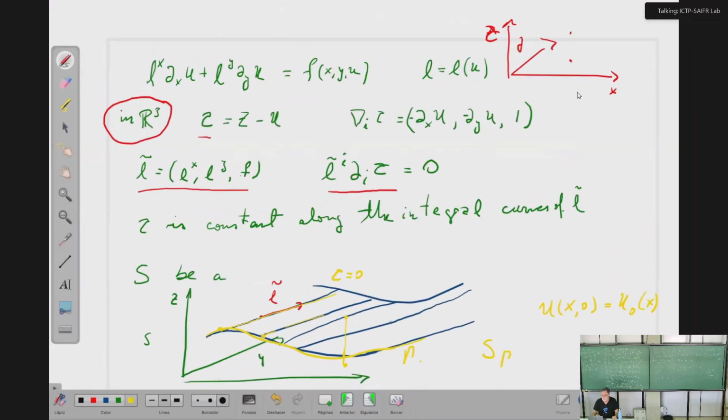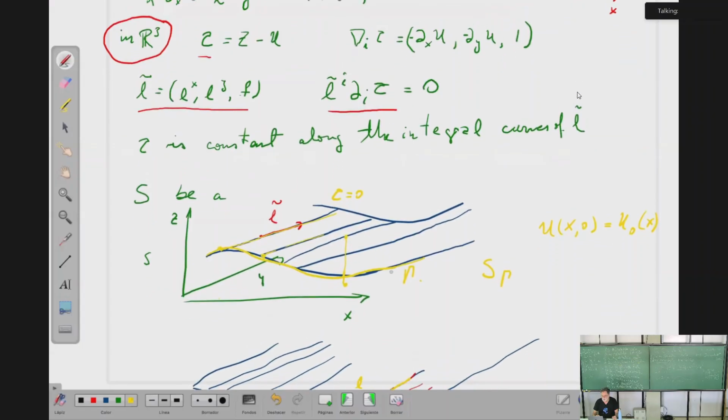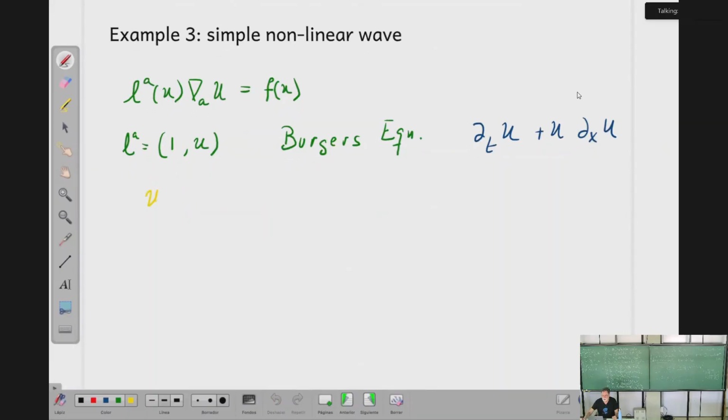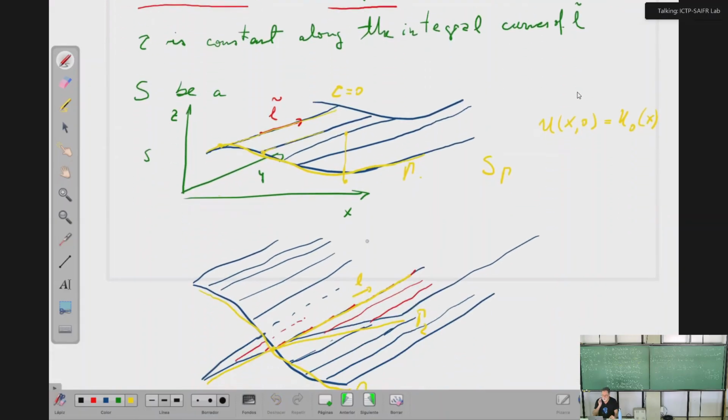In our case, for the Burgers equation that we were checking before, if I give u of x0, t equal to 0, like u0, this line is never going to be tangent, so it's okay, I can give this as initial data, because this vector is different from 0. So this way we build solutions.